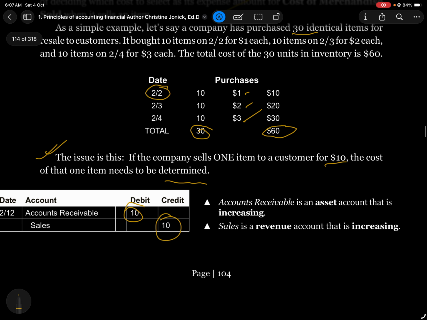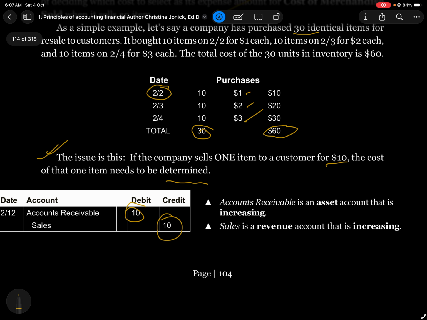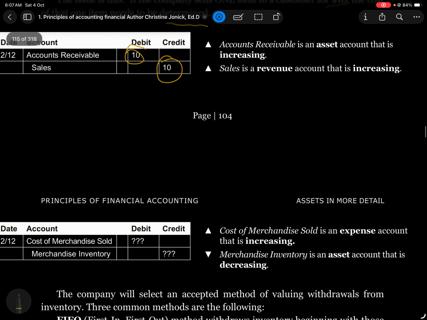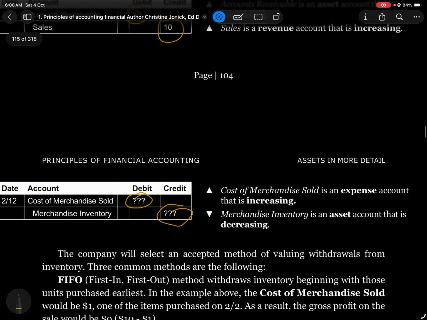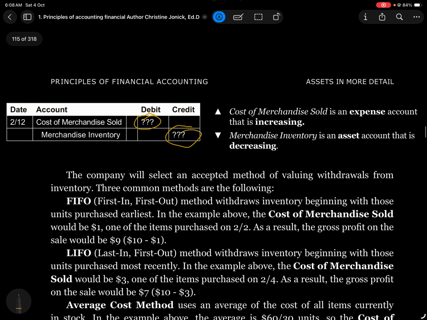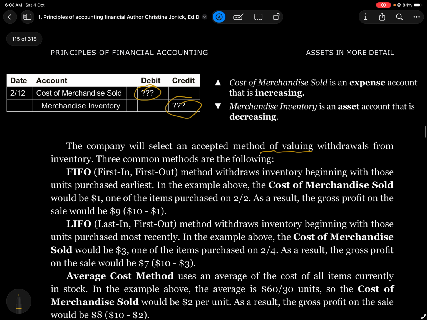But what will happen in case of COGS? How much to book, and how much to get rid of from inventory? Will it be $10? Will it be 20? When we record that transaction, we will debit COGS, or cost of merchandise sold, and credit inventory. So what kind of valuation method are we using?